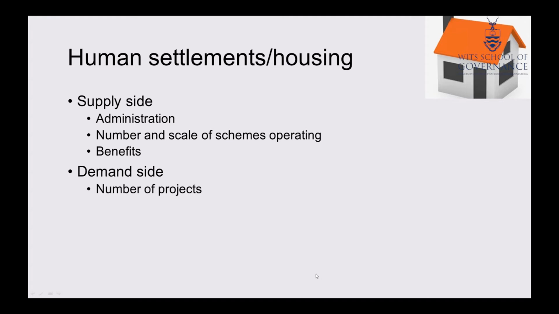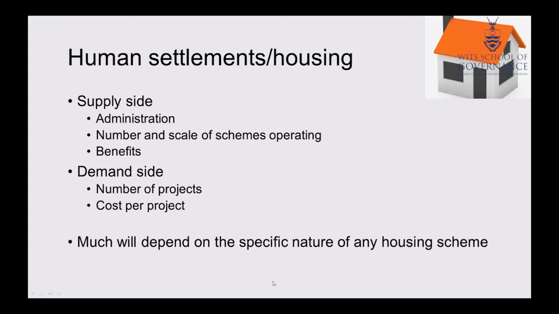The demand side will really be the take-up of some of those benefits that are on offer. You've got the number of projects that might be going on. You've got a cost per project, etc. Not so easy to determine upfront criteria because human settlements doesn't really work like a service department. Much will depend on the specific nature of any housing scheme.